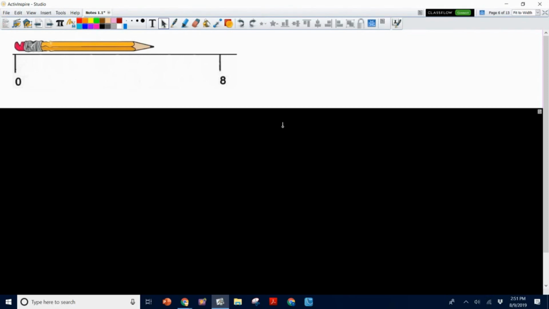I would say yes. So the measurement for this pencil is going to be, I would say 6. Okay, so 0, we can go ahead and put the 0 there just for learning's sake. But when we have a 0 in front of a number, we usually drop it. So the 0 is the certain number, and the 6 is going to be the estimated number.